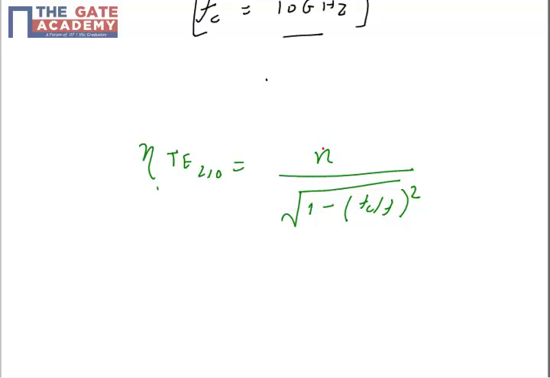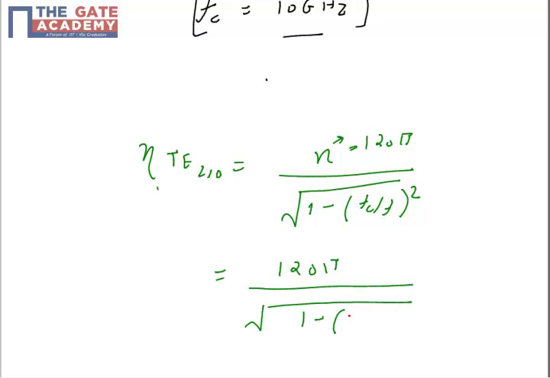We know that eta in the air is equal to 120 pi, standard value. So just put all values, you will get it as 120 pi upon under root of cutoff frequency we have calculated as 10 GHz. So FC is also in GHz, operating frequency is also in GHz, the GHz will cancel. So just put the magnitude, 10 upon 30 whole square, and the wave impedance is 400 ohms.